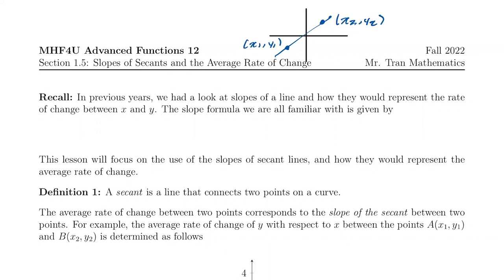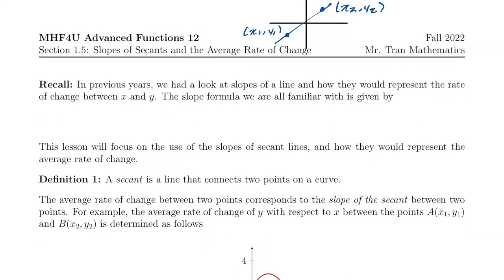How do we do that? The slope formula, which we should be familiar with, is simply y2 minus y1, so we're taking the distance between the y values, divided by the distance between the x values, which is also the change in x. So we put delta y over delta x, which represents the average rate of change.